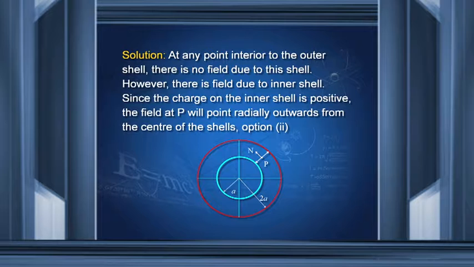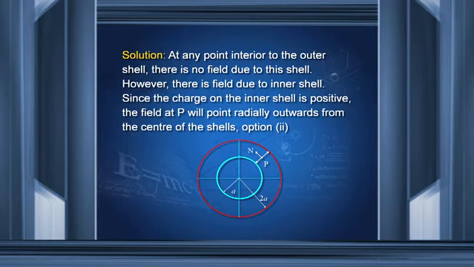The outer shell is outside this surface, therefore, it does not contribute to the charge, only the inner one contributes the charge, and that charge is plus q. If the sphere has radius r, then it will be 4 pi r squared times E equal to plus q by epsilon 0, because the outside charge does not matter, because it is not inside the Gaussian surface that we draw.